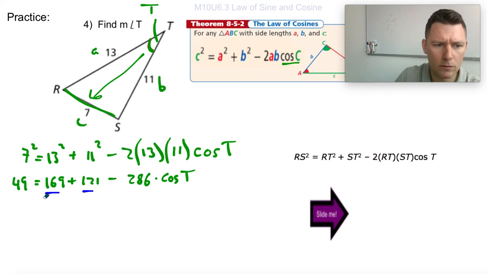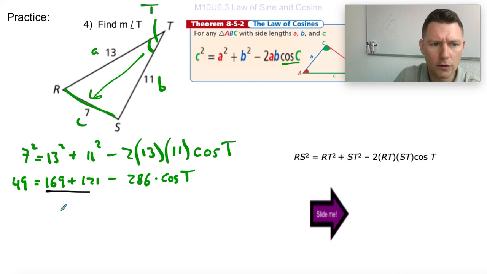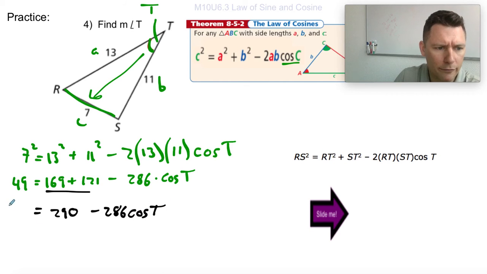So I suppose if you added the 169 plus 121, if we added this bit, you'd get 290. So this turns into 290 minus 286 cosine of T. And we got 49 still sitting over here, right?